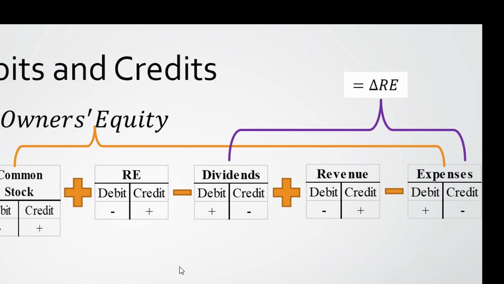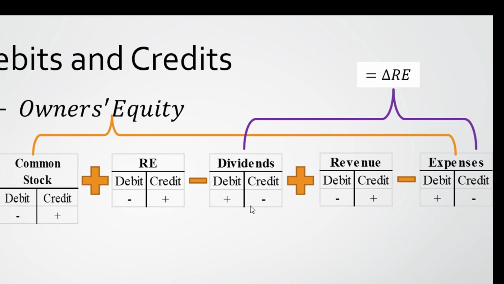Essentially, the change in retained earnings is equal to this year's revenue minus expenses, and of course, minus any dividends you pay out. That's intuitive, right? Revenue is all the money you're bringing in, minus all those costs, minus any profit you give out to shareholders. Whatever's left is the increase in your retained earnings in the company.